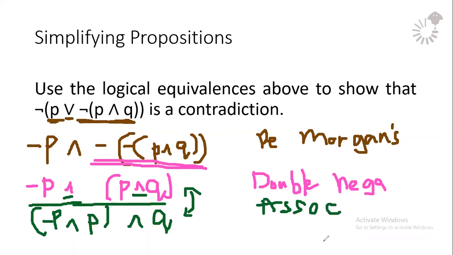Yes, ma'am. Okay. Kung ganyan na yung itsura ng statement natin, ito na siya. Ano na kaya yung susunod natin pwedeng i-apply? Negative and itself to negative. Can you check kung anong rule yon?